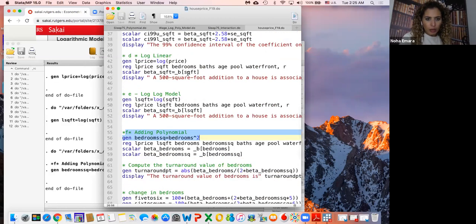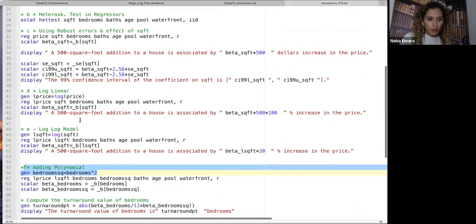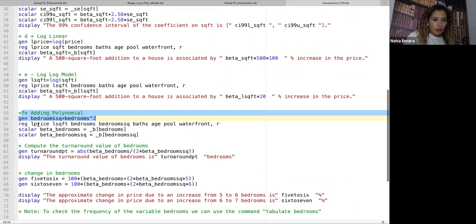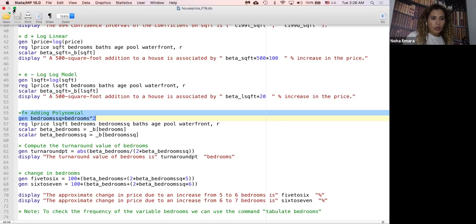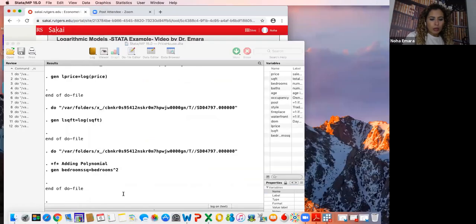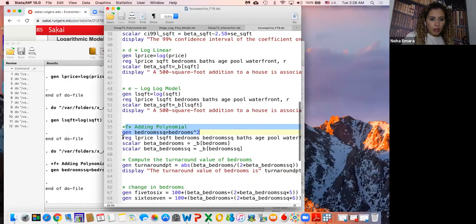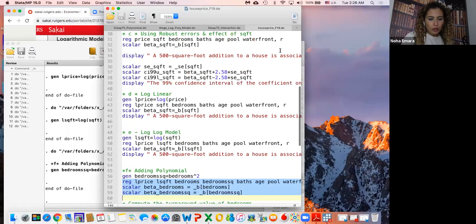Okay, and now let's regress our model. So our model is, let me expand this one and show you, log price on log square feet, bedroom, bedroom square, bath, age, pool, waterfront, and robust standard errors. We run this model and we extract the coefficients.